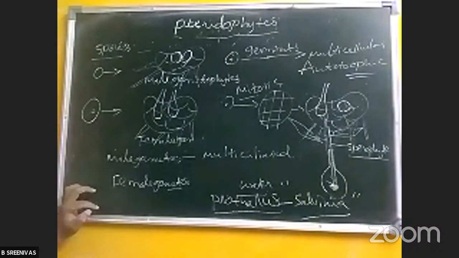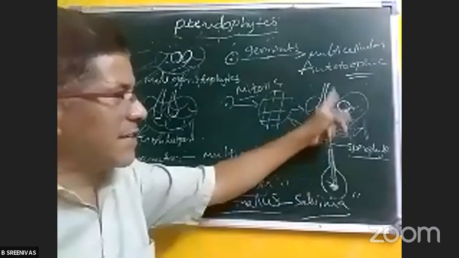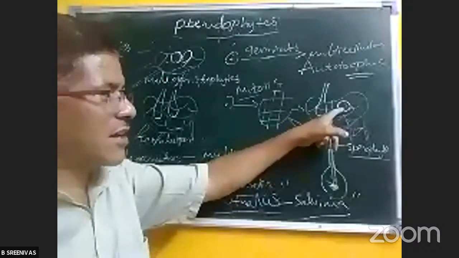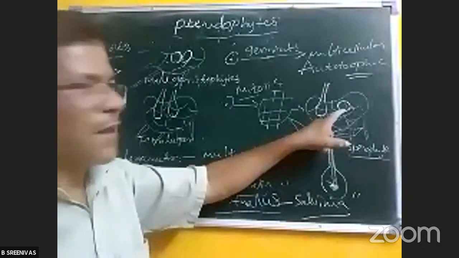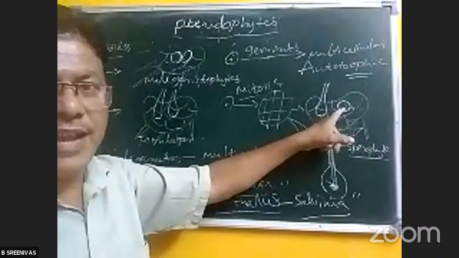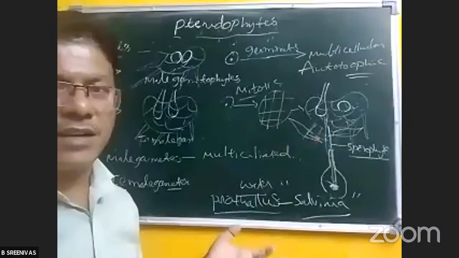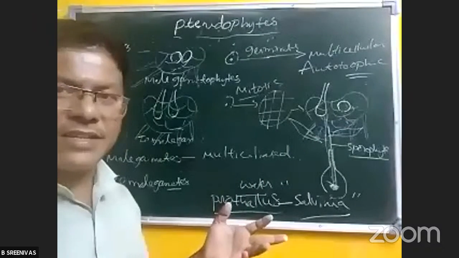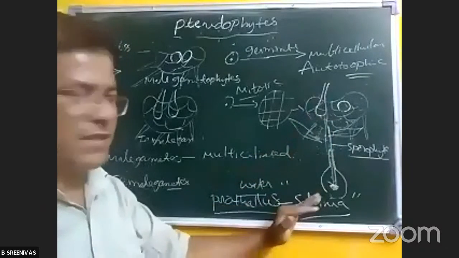Okay, able to understand? So here the gametophyte has the sex organs, and the sex organs produce the gametes. By which division do the sex organs produce the gametes? By mitotic division only. Sex organs are haploid, so they undergo mitotic division and produce haploid gametes.